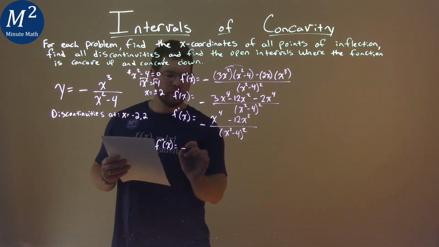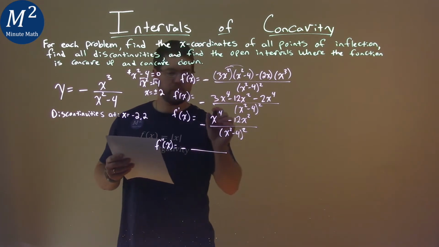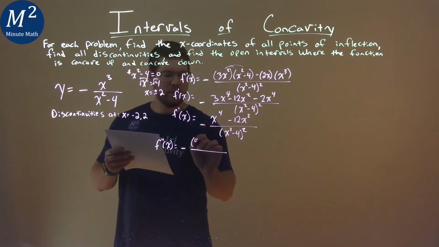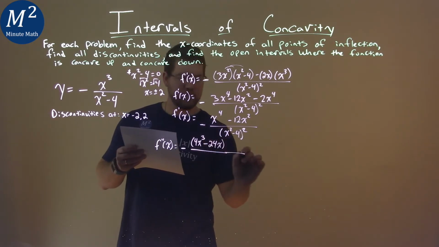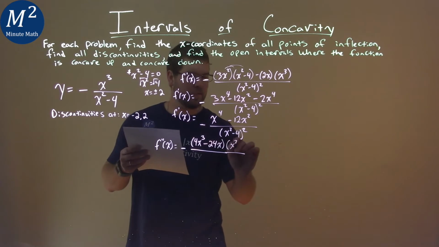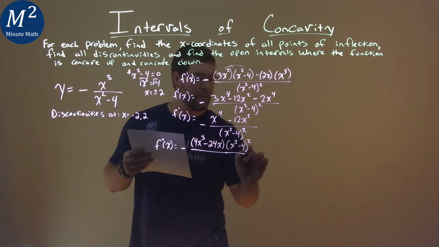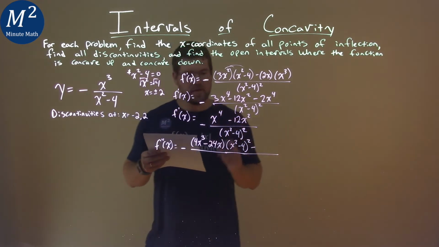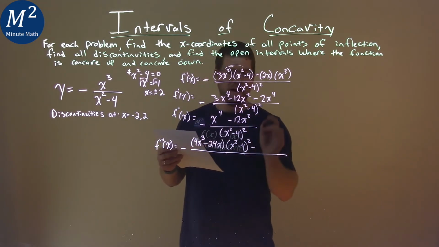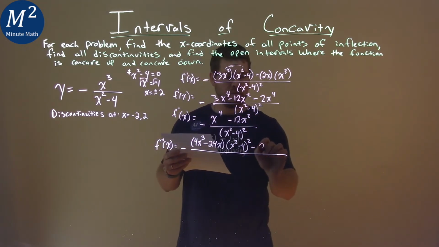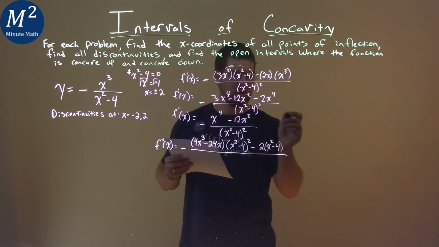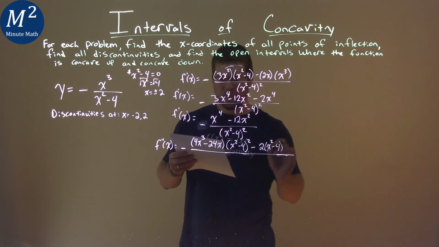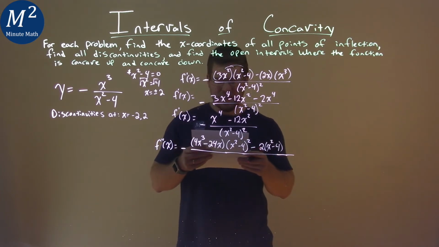Negative will stay out front, but the quotient, we take the derivative of the numerator, which is 4x to the third power minus 12 times 2, which is 24x, times the denominator, x squared minus 4, all squared, minus the derivative of the denominator, which is a power rule, chain rule thing going on here. So 2 times x squared minus 4, subtract the exponent by 1, times the derivative inside, which is 2x.